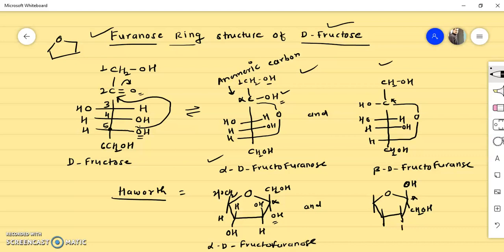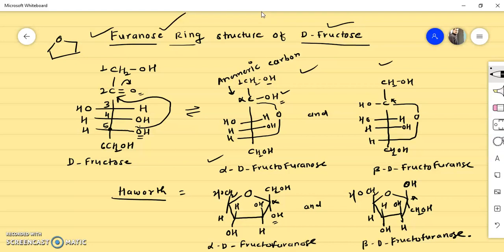Here is a hydrogen, here is an OH, rest of the groups will be the same. Here is a hydrogen, OH, hydrogen, and then CH2OH. So this is the beta D-Fructofuranose. So this is about the concept of how to draw the furanose ring structure of this D fructose.